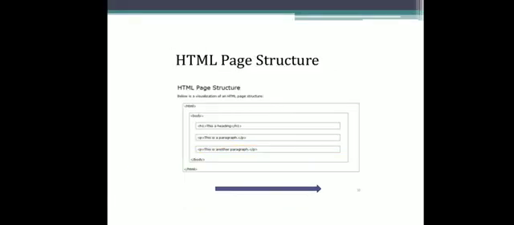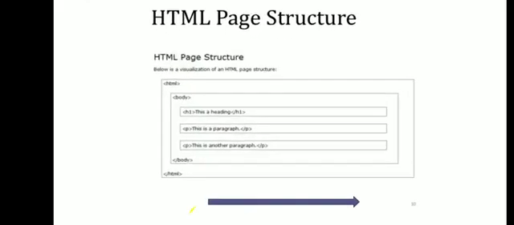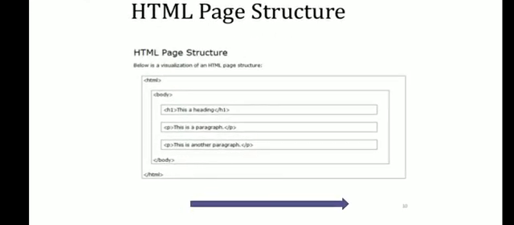Next we'll see the HTML page structure, that is, how you're going to write the code of the HTML page. Always it should begin with the HTML tag, then body. Body is the main part which contains the information on the web page. In this structure we are using an H1, which is the heading.